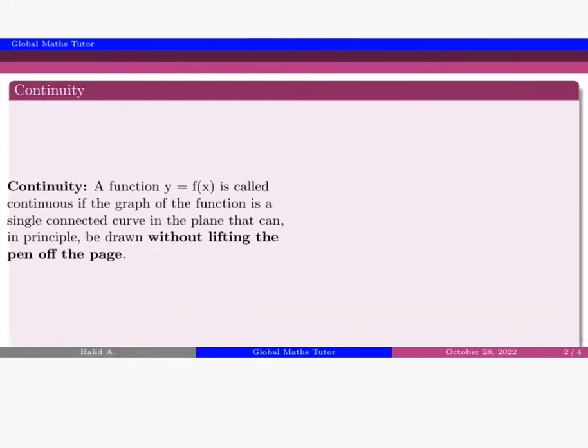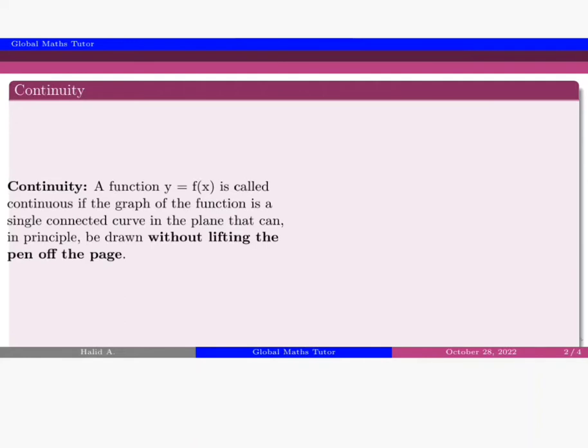Okay, first let's define what continuity is. When we define it informally, we call y equal to f of x continuous if the graph of the function is a single connected curve in the plane.